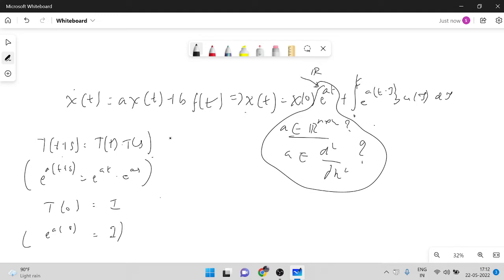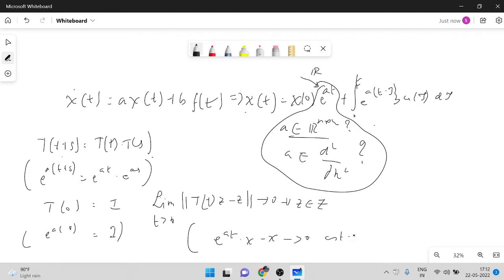And then the next one is the limit as t tends to 0 of the norm of T of t times z minus z goes to 0 for all z belonging to Z. This is basically e power At into some x minus x, which goes to 0 as t goes to 0. So these are the properties of the semi group.